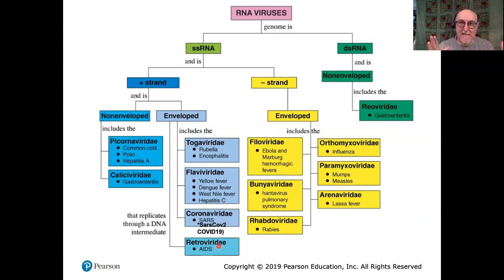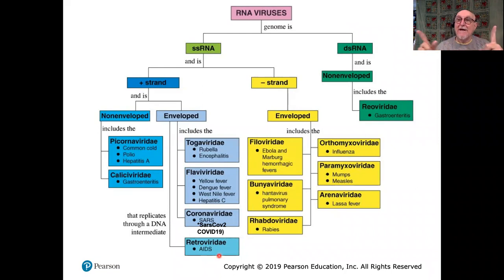What does the central dogma say? DNA is transcribed to messenger RNA, which is translated. Well, in this group of viruses, what they're doing is they're forcing cells to take the messenger RNA and reverse transcribe it.